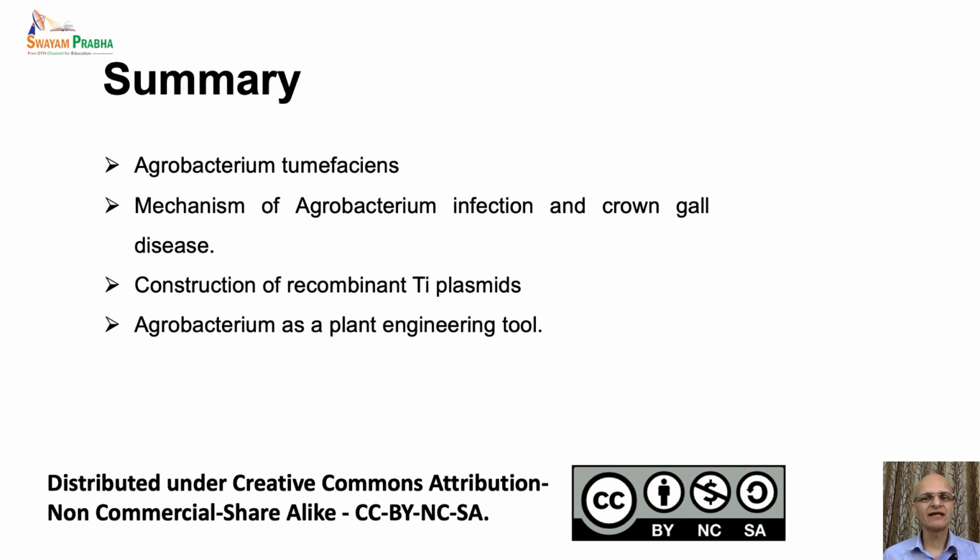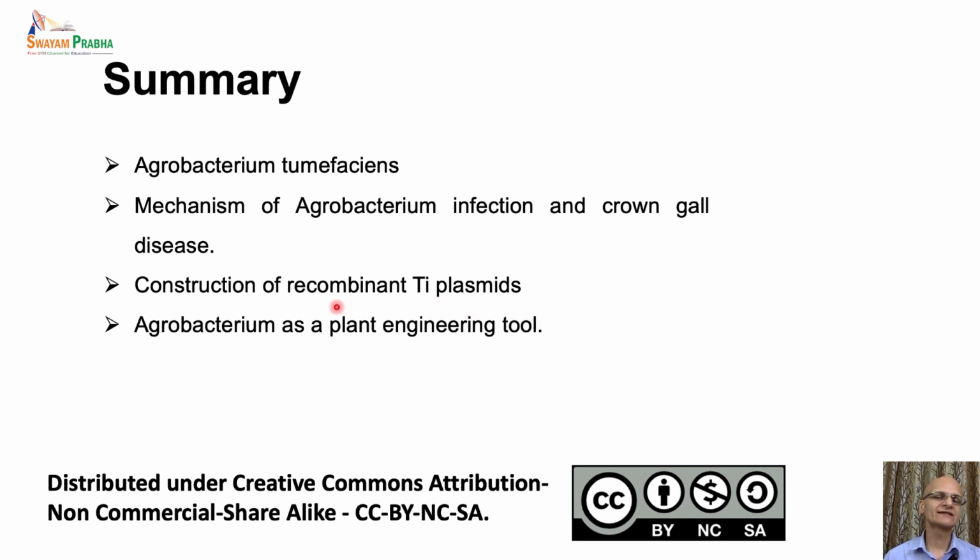So in summary, today we learned about Agrobacterium tumefaciens, the biology of the Agrobacterium, how it causes the crown gall disease in plants, how it prepares the tDNA that is transferred into the plant, and where it is integrated into the plant genome, and how from the integration of this tDNA segment opines are synthesized and uncontrolled division is initiated.